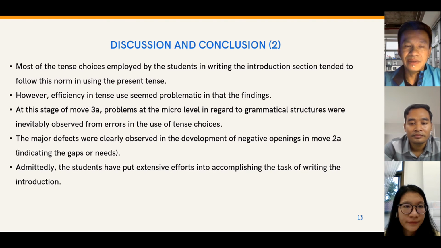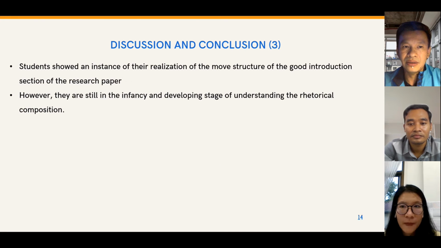The major defects were clearly observed in the development of the negative openings of Move 2A, indicating the gaps or needs. Admittedly, the students have put a lot of effort into accomplishing the task of writing the introductions. So from here, we can come to the conclusion that there seem to be two types of errors that have been observed in our study.